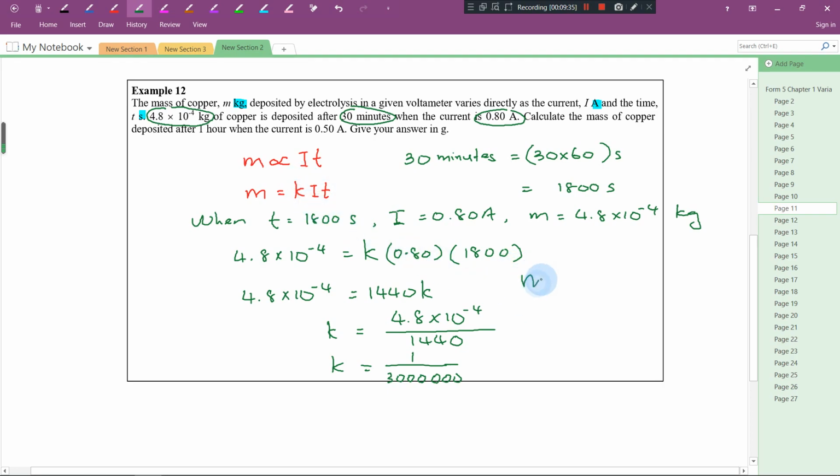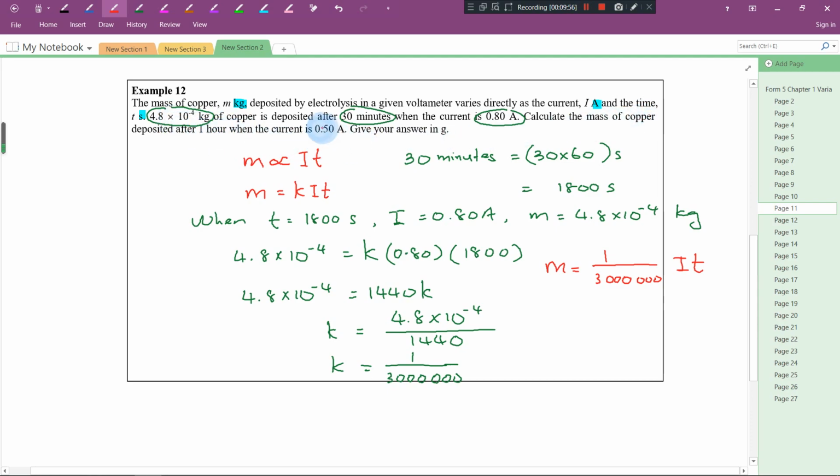So now I'm going to plug this value into the equation. So now I know that M is, okay, how about I use another color? M is equal to 1 over 3,000,000 IT. Okay, so the question asks us to find the mass of copper deposited after 1 hour.